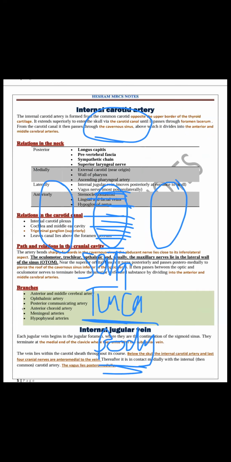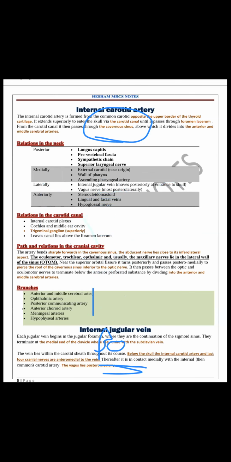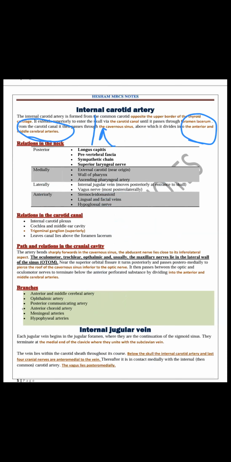On both sides of the sella turcica, the site for the pituitary gland, you have the cavernous sinuses. After it passes through the cavernous sinus, and we will discuss all structures passing through it, it divides into the anterior and middle cerebral arteries. Where exactly? Just lateral to the optic chiasma, and keep this.